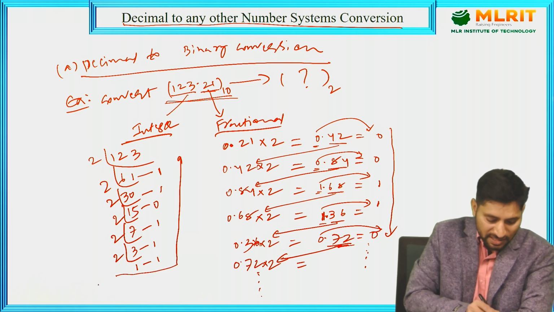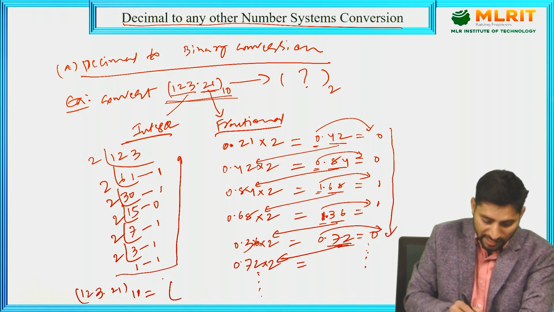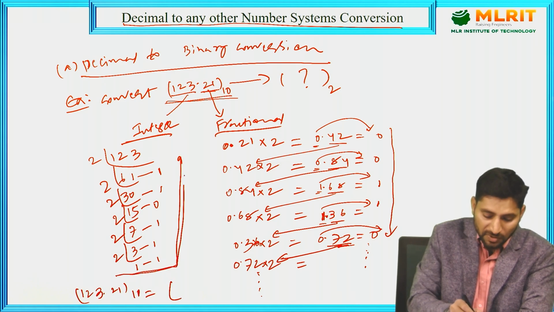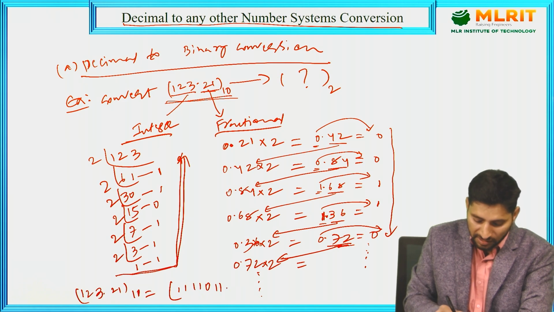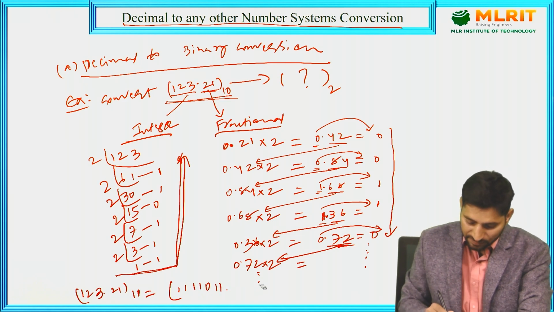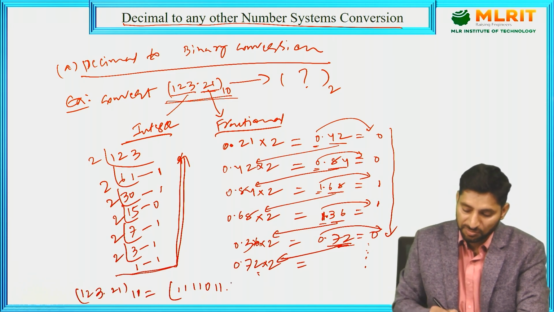Now the actual answer is, for this 123.21 in decimal is equal to, for the integer part, as I said, copy from top to bottom. So 1111011 dot, and here the fractional part, as I said, you copy it from top to bottom.